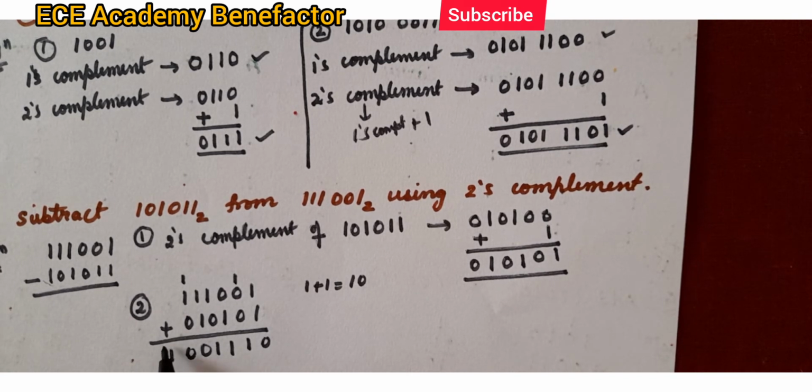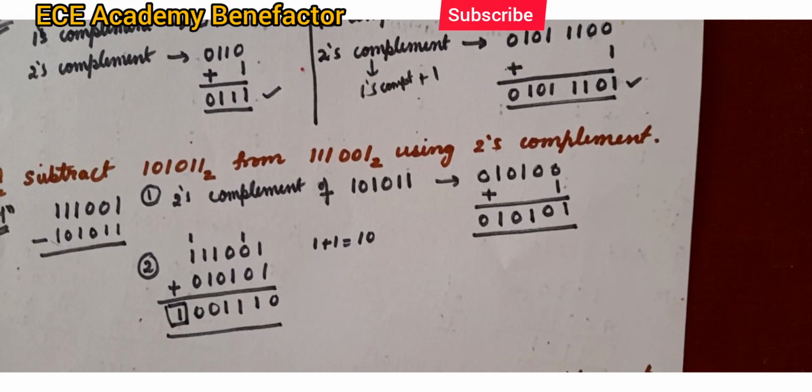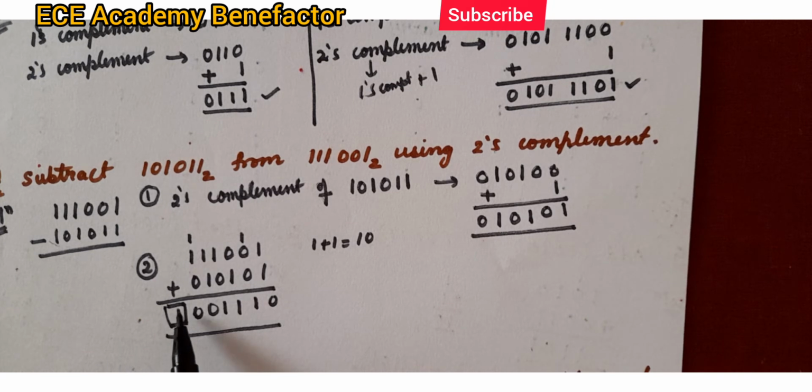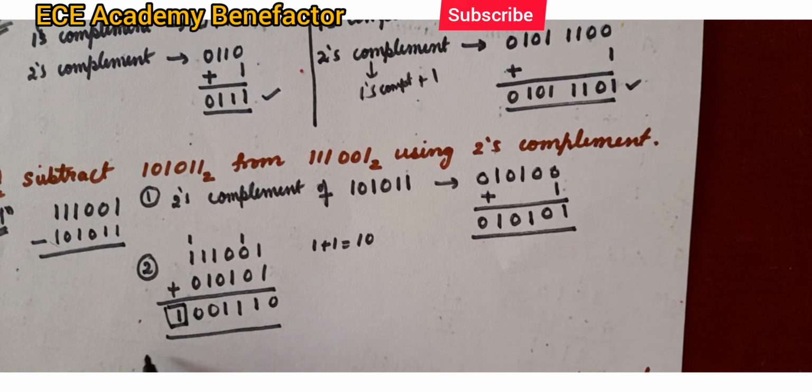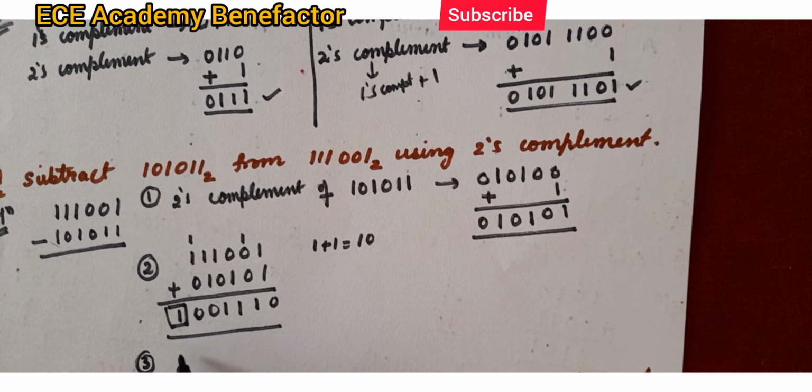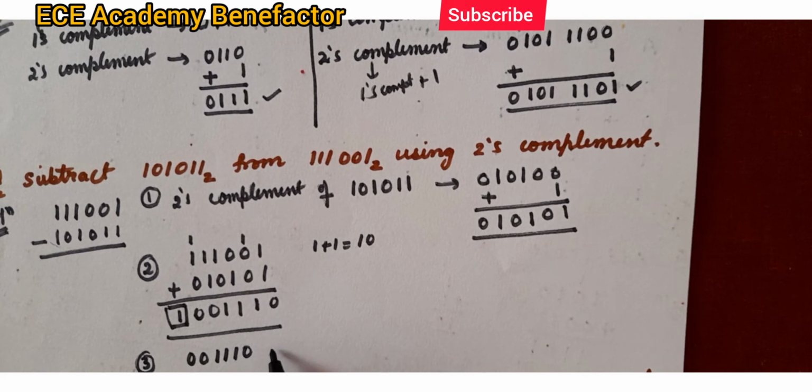So here a carry is generated. In this problem, a carry is generated. So to write the final answer, you have to neglect this carry and write the final answer. So answer is 001110. This is the final answer.